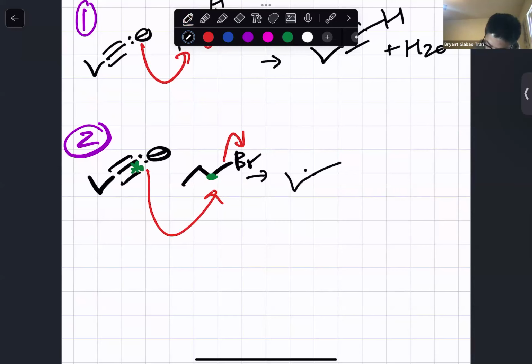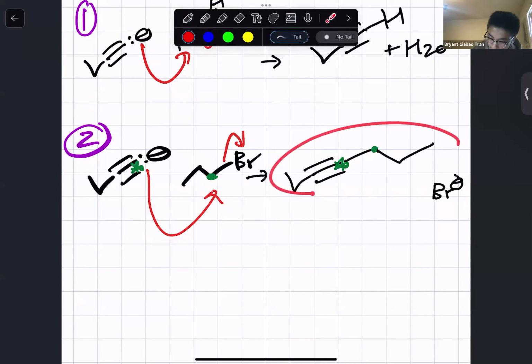When I do that, there's going to be a new bond between the star atom and the dot atom right there. That's the new bond from this attack. The Br minus gets kicked out and it's just floating around as a Br minus. But the dot atom here is still attached to that ethyl group right there. That's SN2.